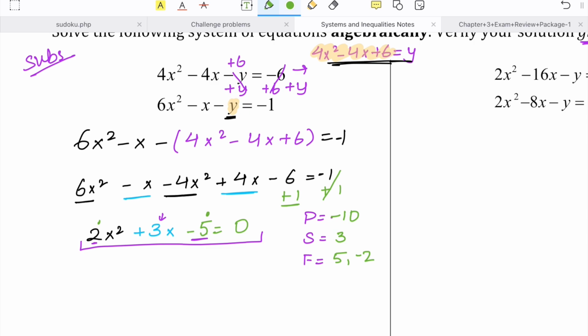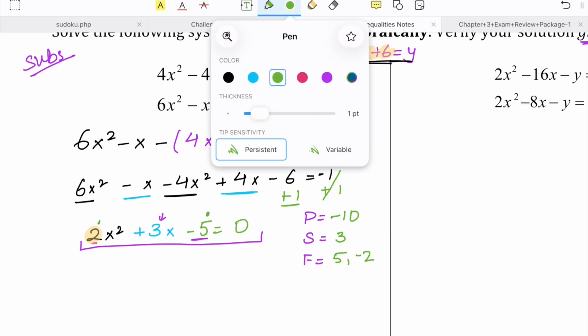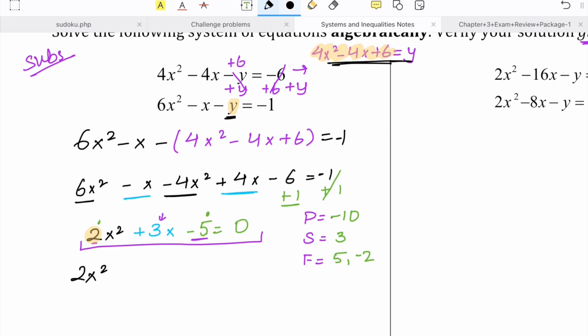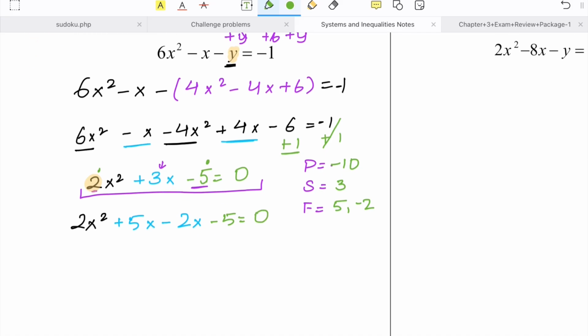Okay. Because my coefficient is 2, I'll have to go the long way, split the 3x. But for now, I can just do 2x squared plus 5x minus 2x. And then minus 5 is equal to 0. Now I just need to factor the terms. The common term from the first two will be x. So you'll be left with 2x plus 5.